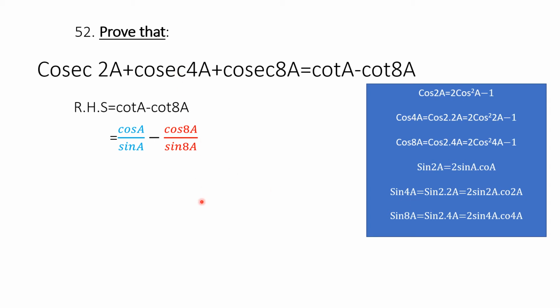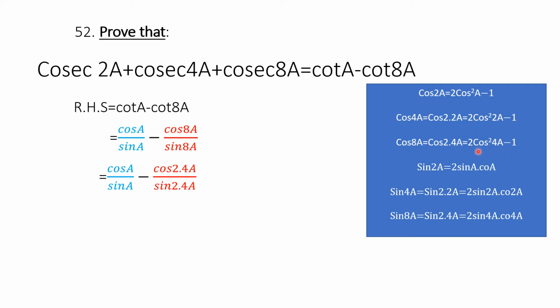So now, as I said, this 8a can be written as 2 into 4a. So this is what I have done, and then it is cos 2 into 4a. Sorry, it is over here: cos 8a means cos 2 into 4a, which is 2 cos square 4a minus 1.